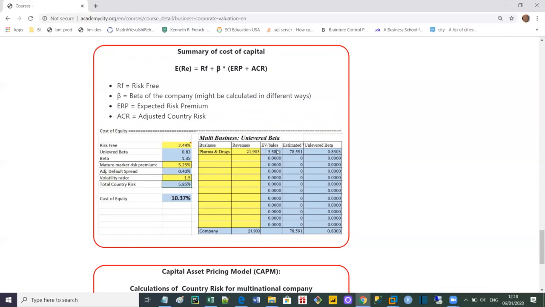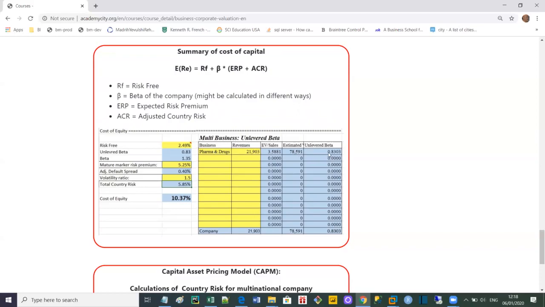In a short way, I'm doing an average for a lot of other companies in the same industry. And that average is 3.6. So that means if a company is making almost 22,000, the market value of that segment is 3.6 times that, meaning 78,500.